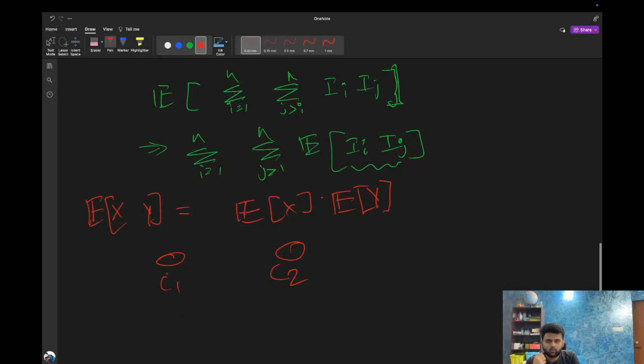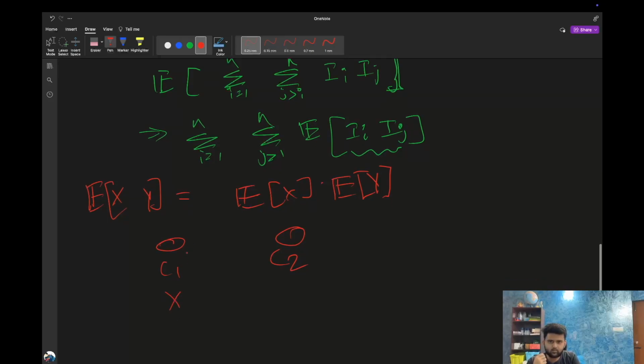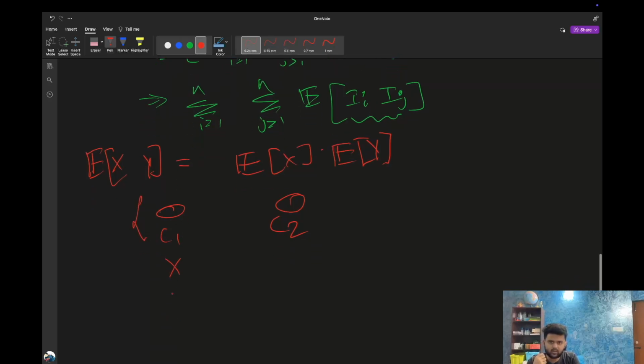Let's say there's a random variable x1 that depends on the outcome of c1. So if c1 is heads, then x1 is 1. And you have another random variable y that says c2 is tails. Now you understand that x being equal to 1 or 0 completely doesn't depend on c2 being heads or tails, right? So then automatically x and y are independent and you can use this.